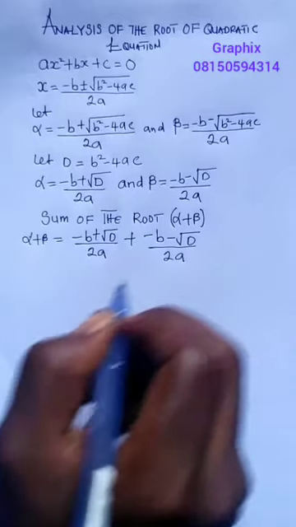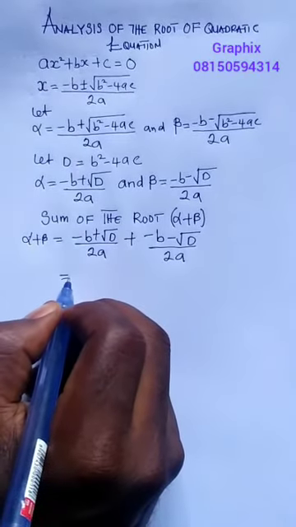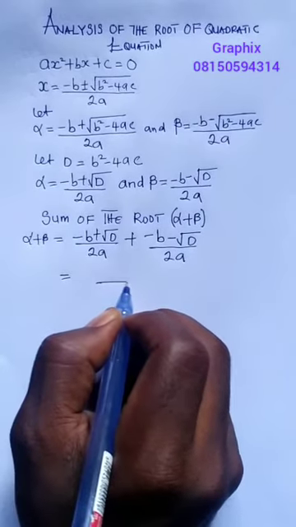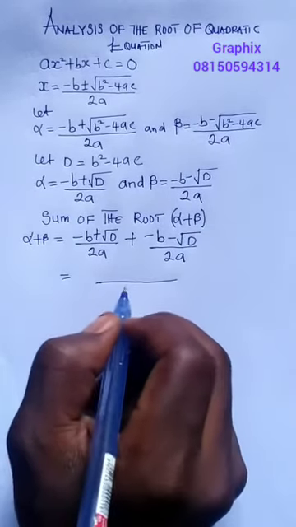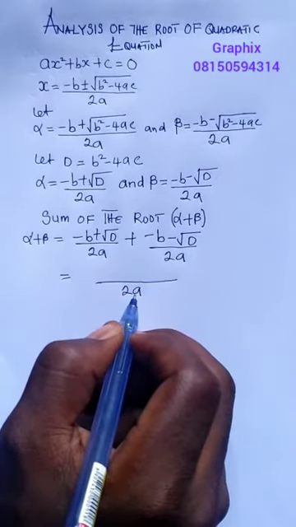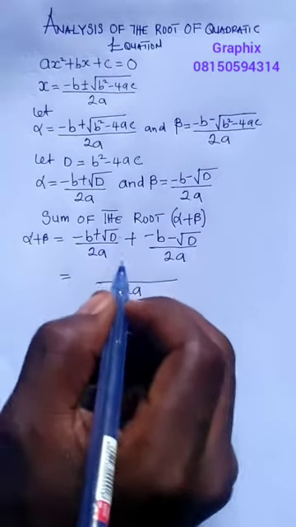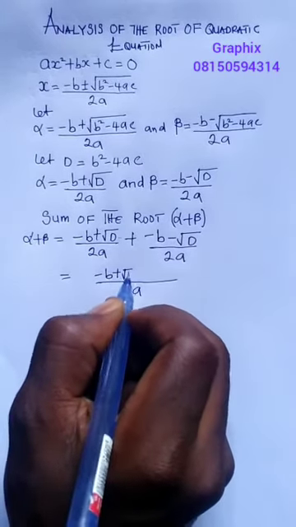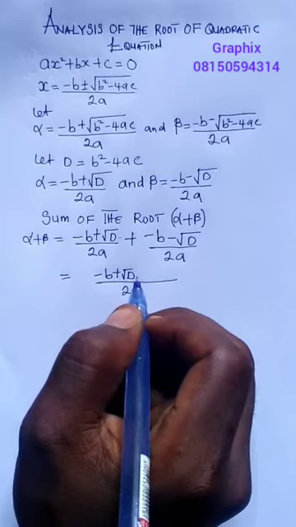Now in this, you are going to look for the LCM. The LCM of this is 2a. So 2a into 2a will give you 1. 1 times everything here will give you minus b plus root D. Is that taken?